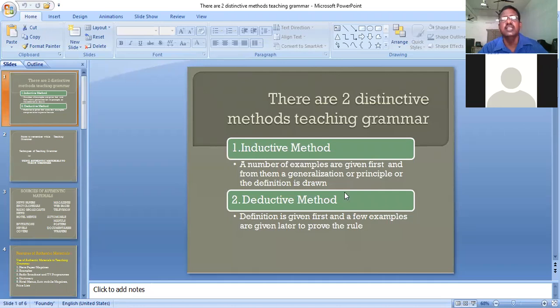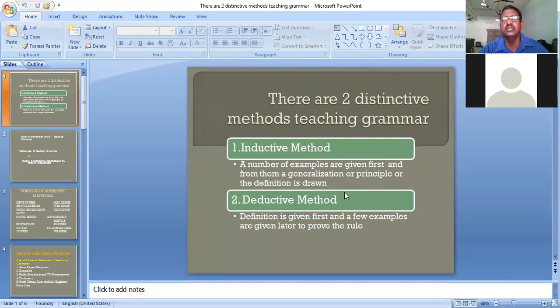Some other points are there about the inductive method. It helps the people to draw their own conclusions. From the given examples, suppose he is a boy, she is a girl, he is a man, he is clever, she is first class.